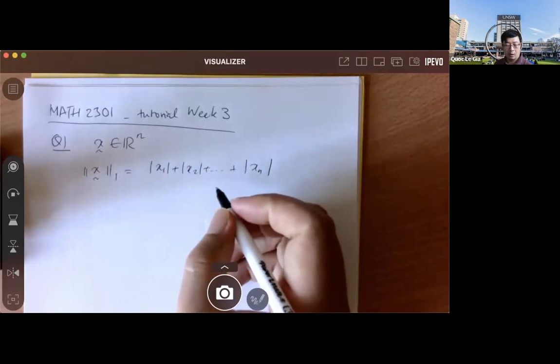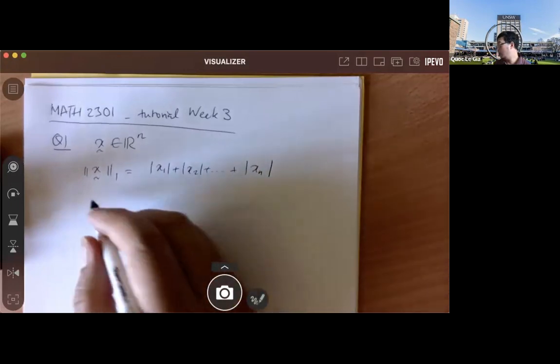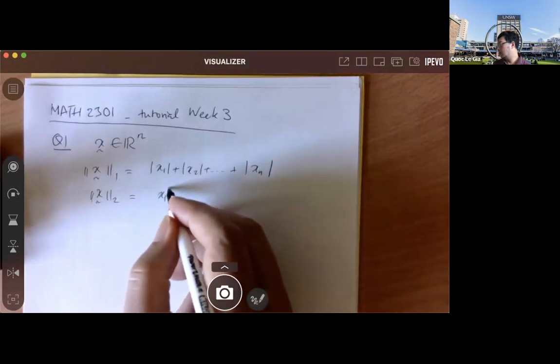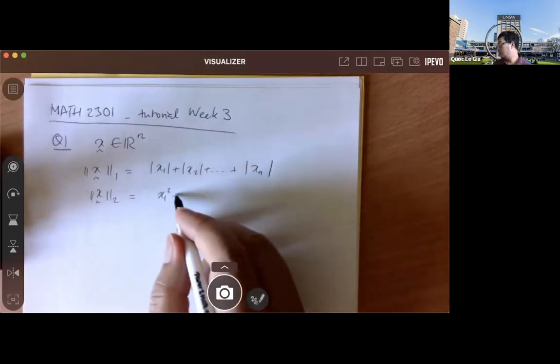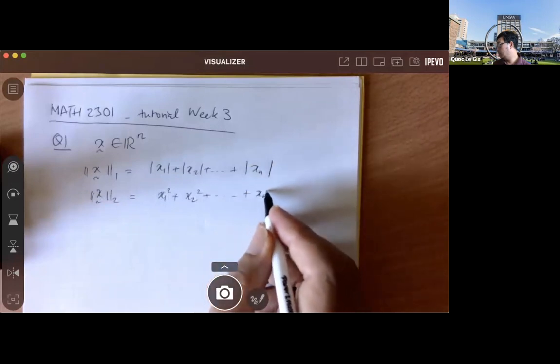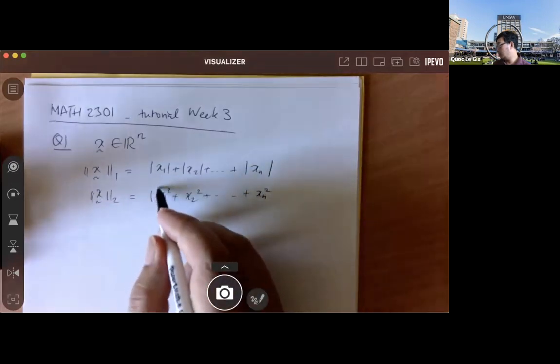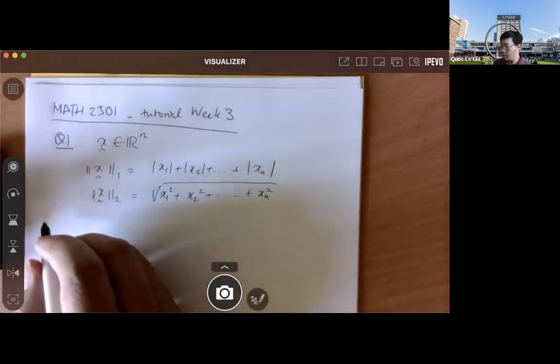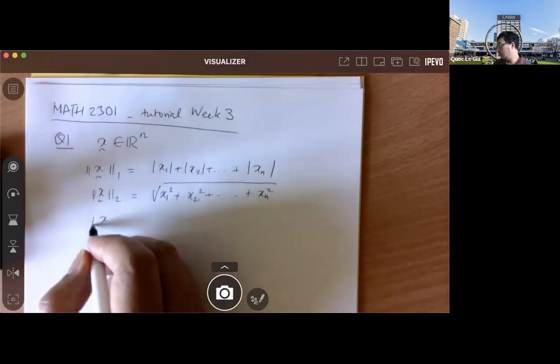Okay. And then the two norm of the vector x, you just take the square of each component, you sum it up, and then do not forget to take the square root of the sum. And then the last one is the infinity norm.